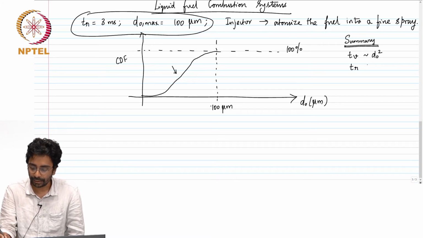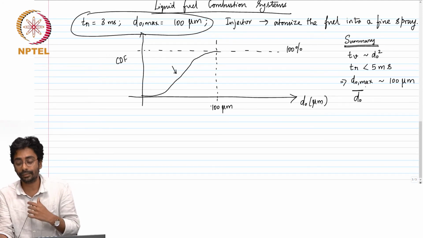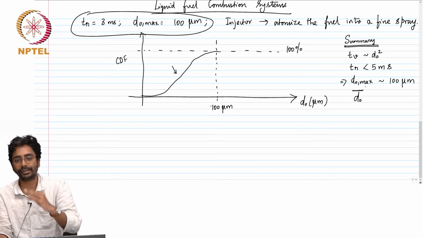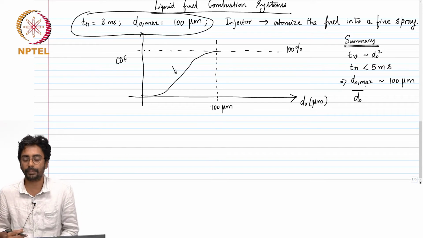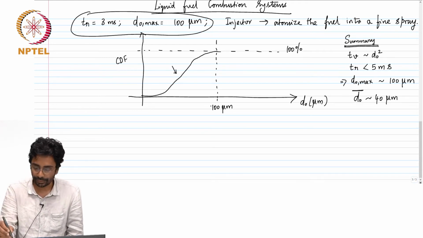Residence time available is less than 5 milliseconds, okay, which implies D0 max is typically about 100 micrometer. Recall that 100 micron is the maximum size, but there is a distribution of droplet sizes because of the randomness associated with the process of atomization. Average sizes will be of the order of 40 micron. Okay, so this is the summary.